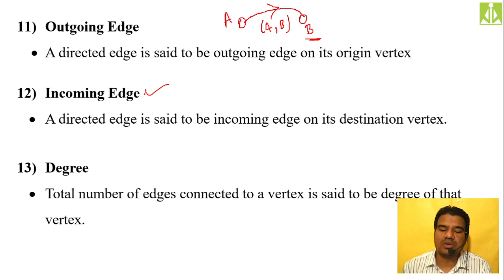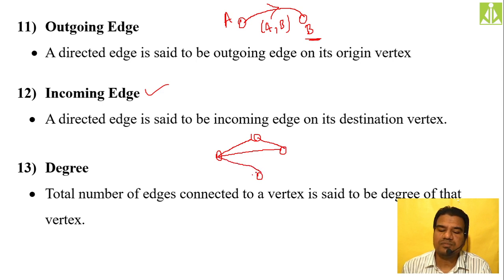Then the degree. The total number of edges connected to a vertex is said to be the degree of that vertex. Here you have different nodes with links between them, like this.